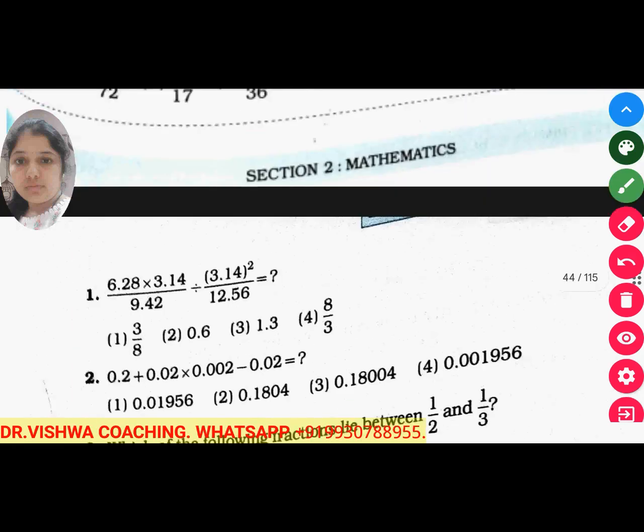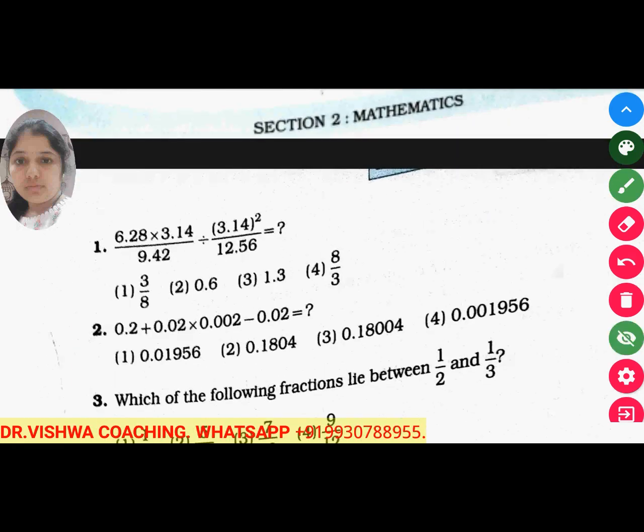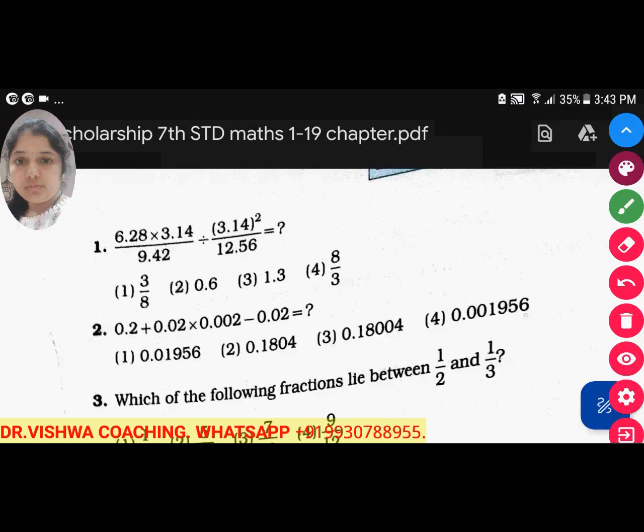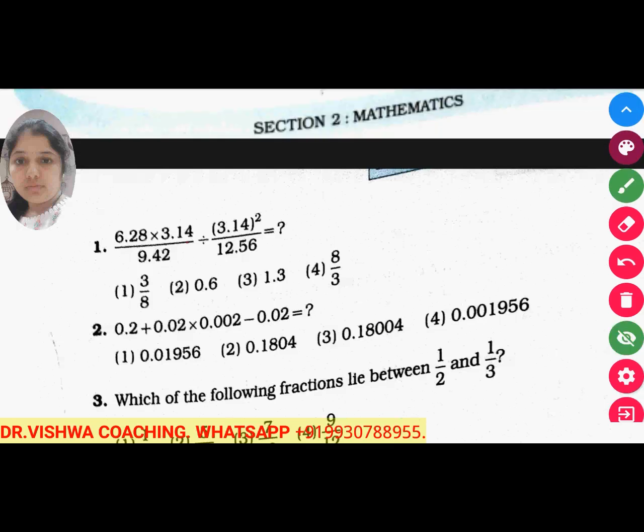I think we should. Now here the first example is very much interesting. Okay, look carefully. Now see, 6.28 into 3.14 upon 9.42 divided by 3.14 square upon 12.56. Now if you look carefully, what is 6.28? It is 2 into 3.14, and 3.14 is there upon.